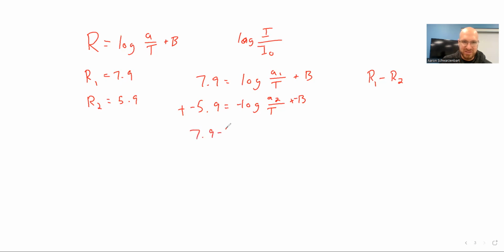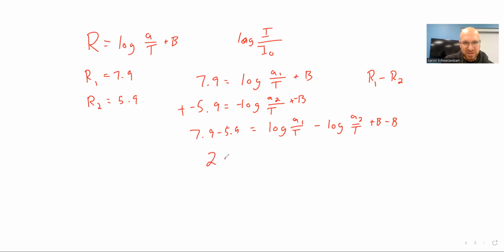That gives me 7.9 minus 5.9 equals log A1 over T minus log A2 over T plus B minus B. Here, we're assuming we're the same distance away. Basically, I'm looking at it as the center. At its center, what's the difference?